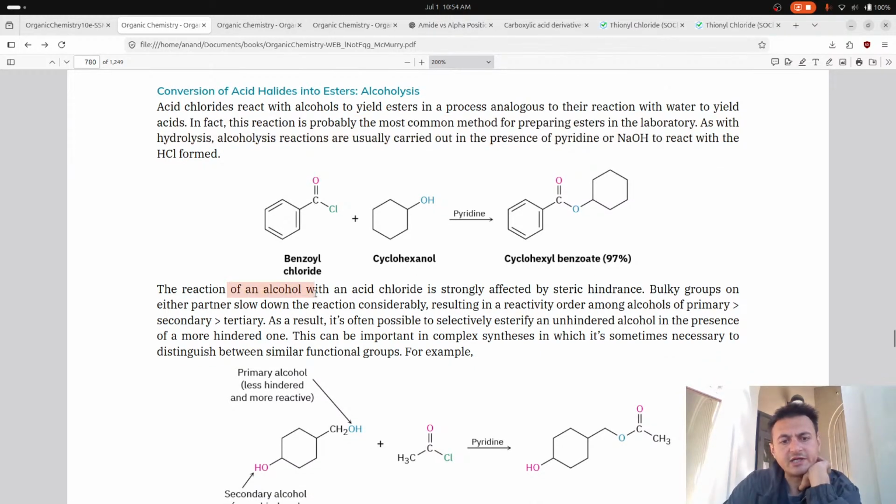the reaction of an alcohol with an acid chloride is strongly affected by steric hindrance. Bulky groups on either partner slow down the reaction considerably. Yeah, but look at this. Secondary alcohol, bulky substituent, still 97%.